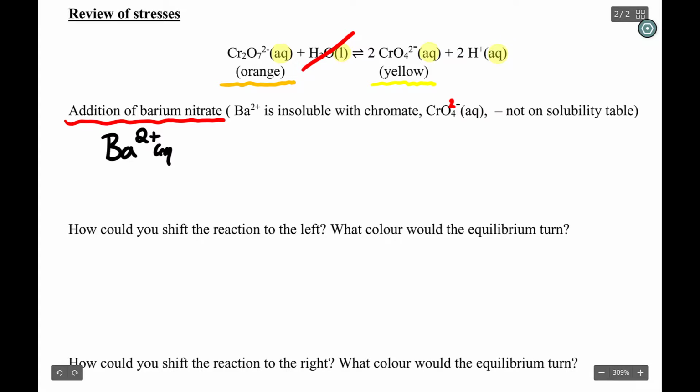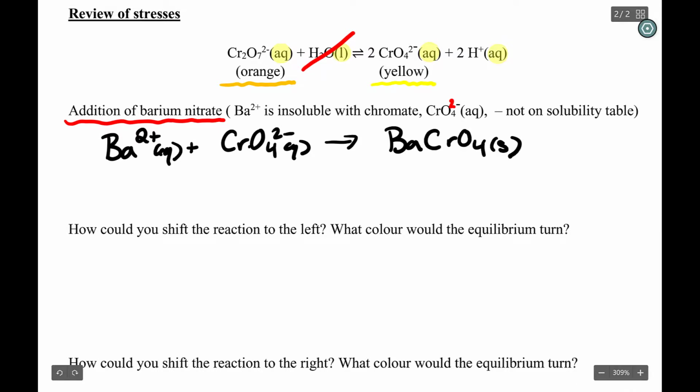Ba2+ aqueous would react with CrO4 2- aqueous to form the precipitate BaCrO4 solid. So essentially what has happened is I've removed the chromate ion through the addition of barium ion. So this is going to cause this to go down. Now, if the product concentration goes down, the system wants to shift towards that side to bring that ion concentration back up.